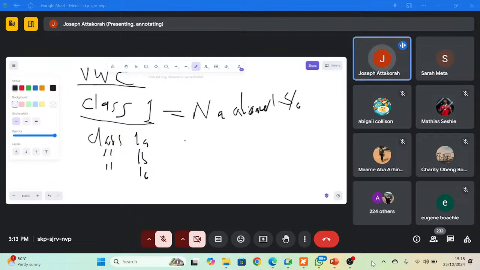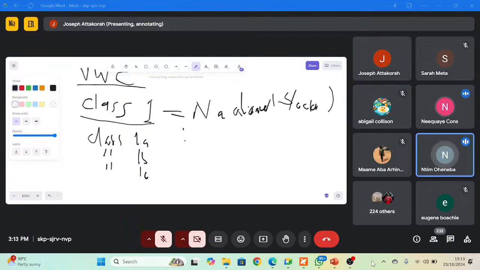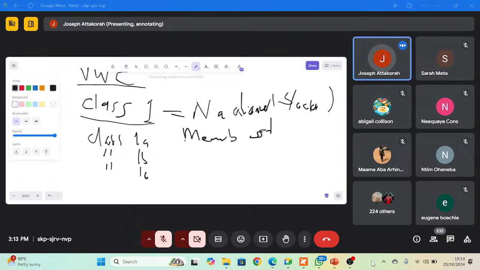Who can tell me another name for class 1? It can also be called membrane stabilizers.